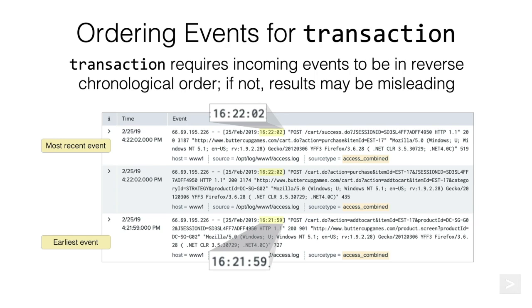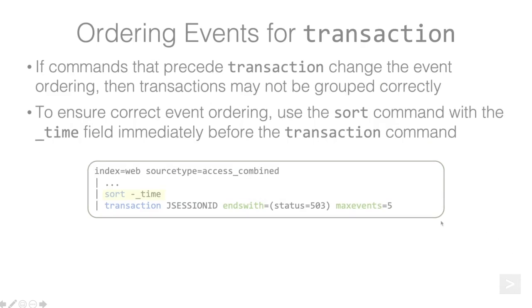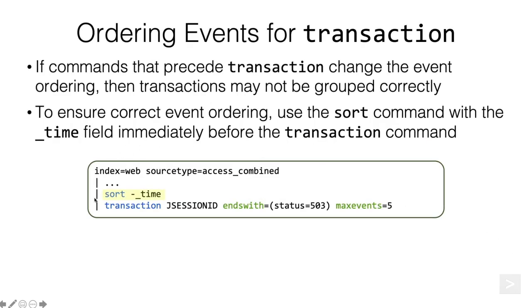However, it is possible to configure the results to be resorted in a different order. In that case, to be sure that the events are being returned in reverse chronological order, we can use the sort command on _time, sorting _time in descending order, to be sure that these events are organized properly for the transaction command.